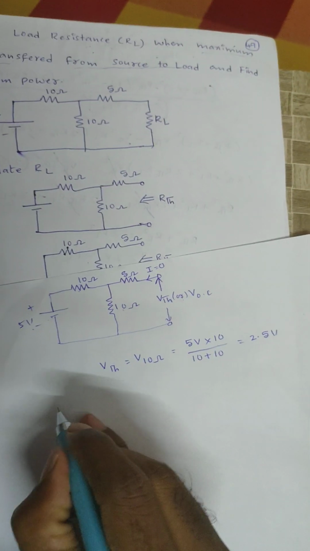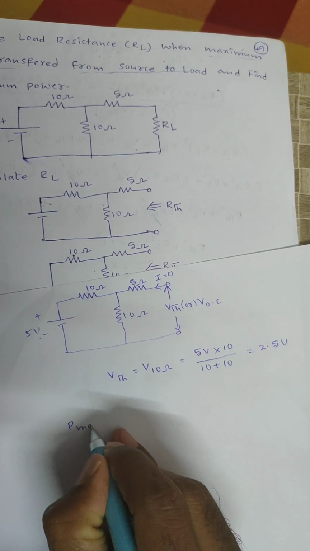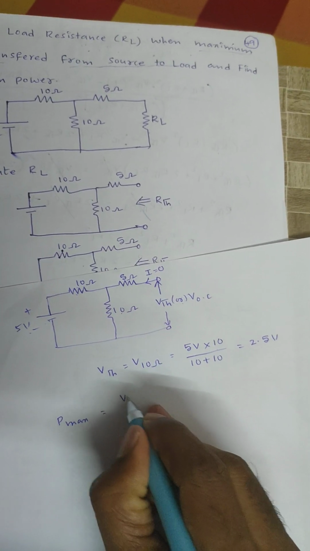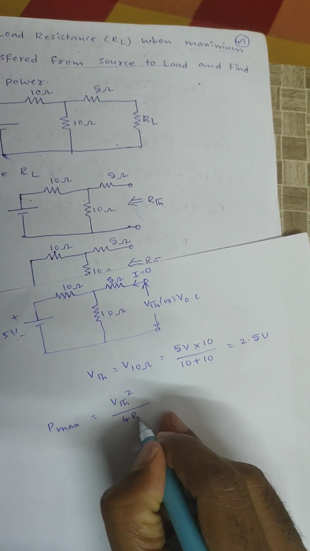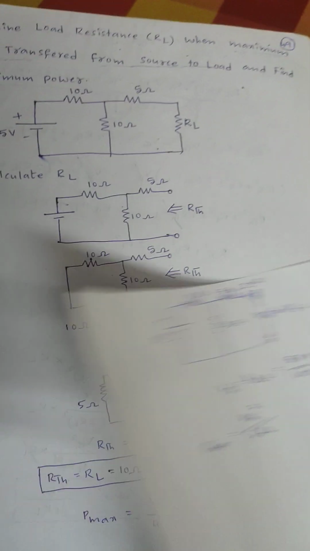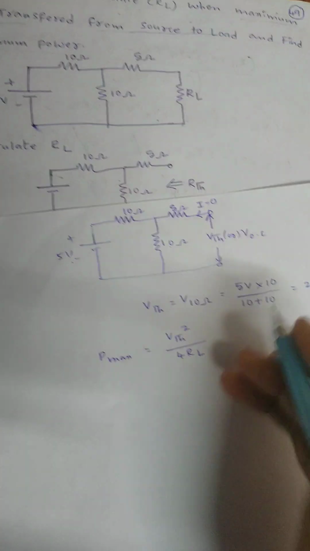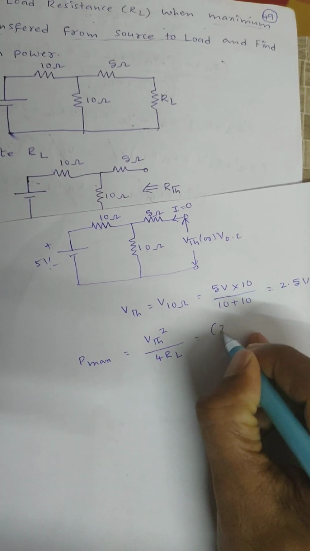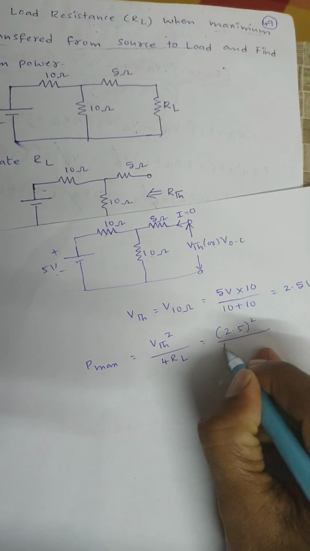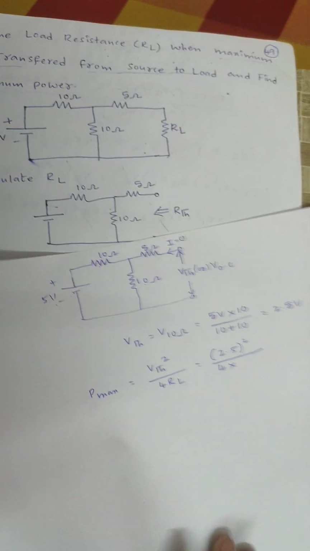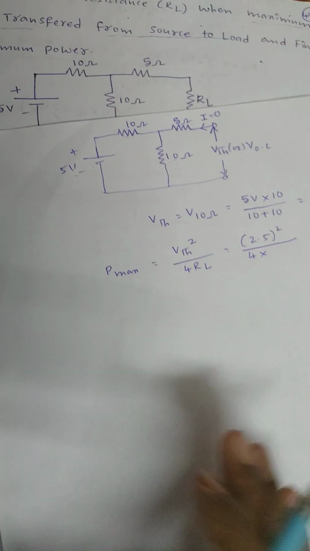That is the VTH value. Then P maximum is equal to VTH square by 4 into RL. What is the value of VTH? 2.5. So 2.5 whole square divided by 4 into RL value, how much? 10.